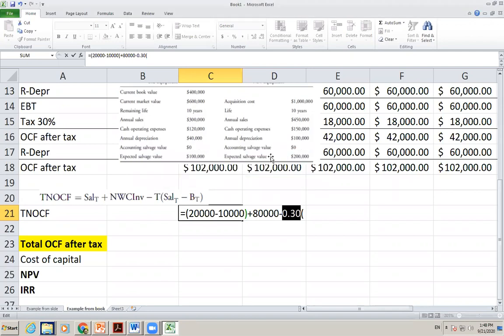The money that you earn is 200,000 minus 100,000. So the difference, the incremental value, because at the end of the year the terminal value is equal to 100,000, and the amount that you're selling for is this. Then 0.30 times that, and we close the bracket.